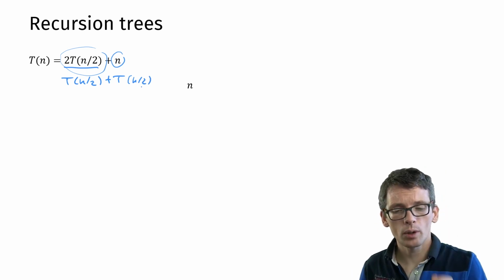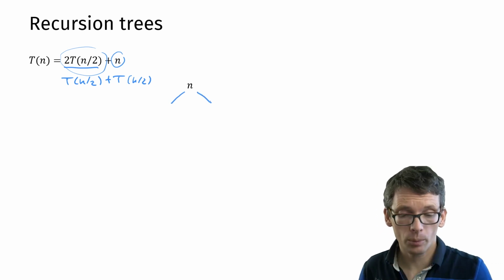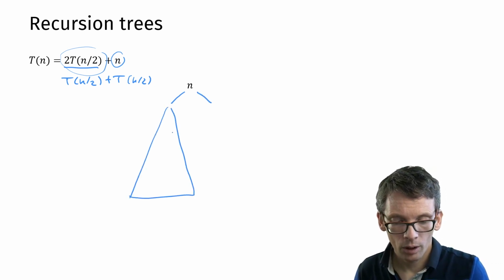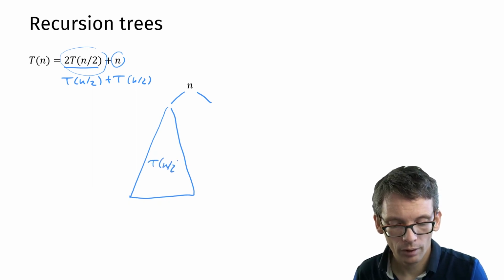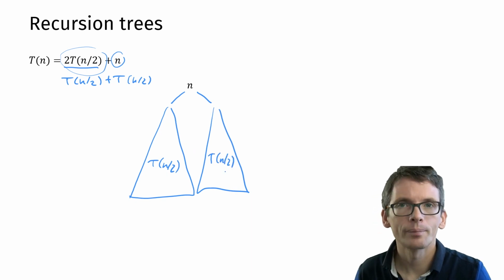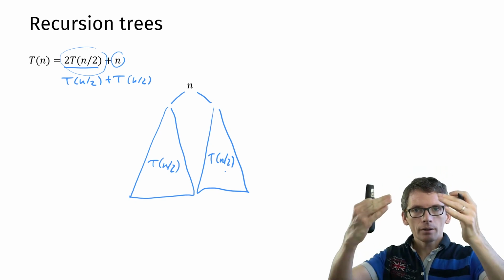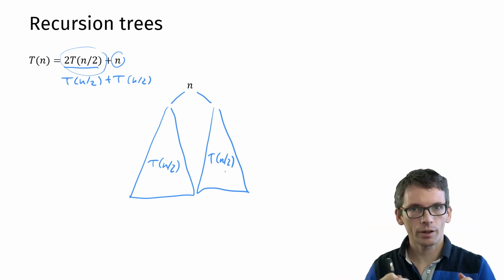Because what we're going to do is this tree will have 2 branches, and each of these branches will correspond to a recursion tree for t of n half. Now, I have n, and I have 2 recursion trees for t of n half.